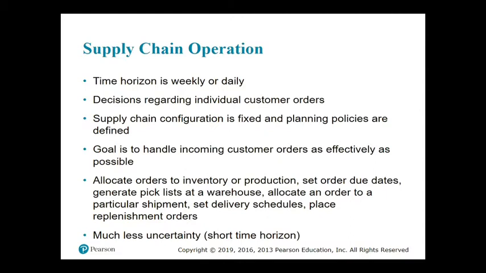So set your production lead time, and then generate pick lists at the warehouse, allocating orders to trucks in a particular shipment, set delivery schedules and the number of trucks involved, and then the actual placement of replenishment orders.